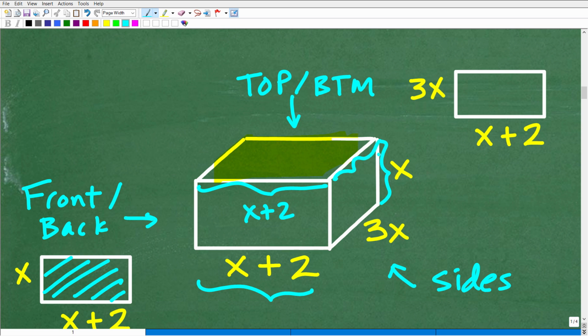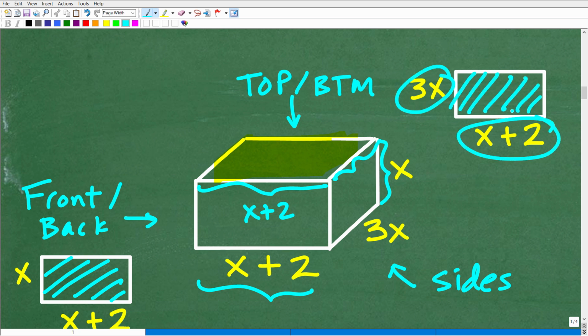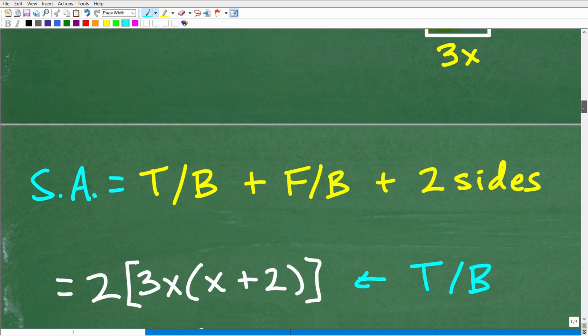And what about this side right there? That'll be 3x. So the top, which is the same as the bottom, is 3x by x plus 2. If you want to find the area here, you just multiply this times this. Hopefully you conceptually see what's going on here. Now it's just a matter of crunching the numbers and variables, so let's start doing that right now.